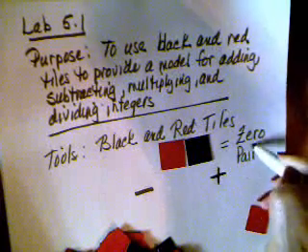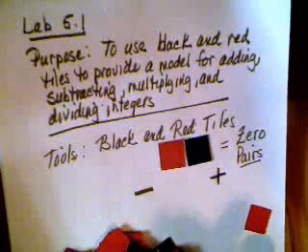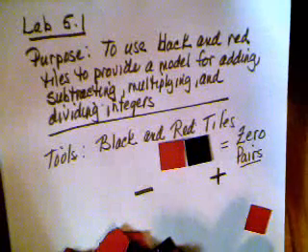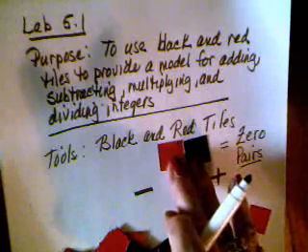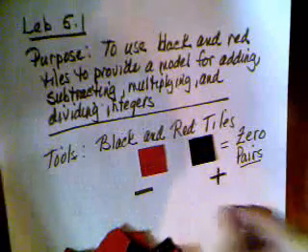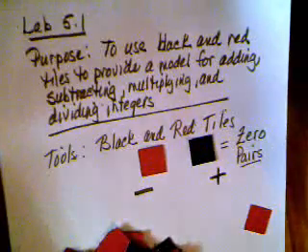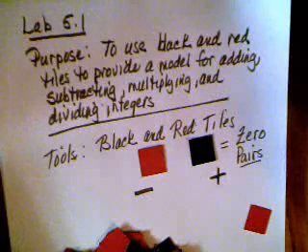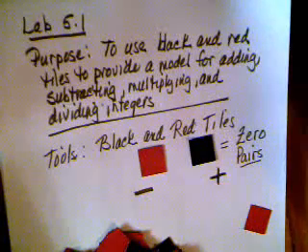That would be our initial concept that we would need to know: we have a negative and a positive, they add together, and they give you a net value of 0.